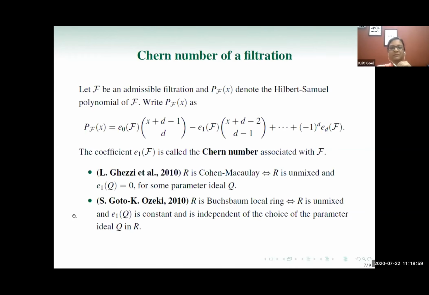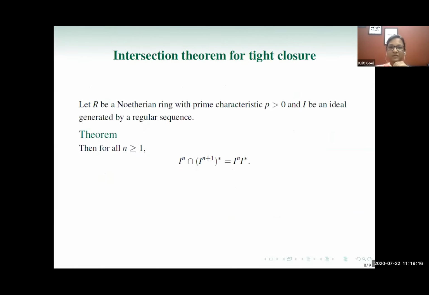Before I proceed to the main theorem, there are small results and lemmas which we'll use in the main theorem, and of course they are interesting in their own right as well. I'll quickly quote them and then proceed towards the main theorem. This is what is called the intersection theorem for tight closure.